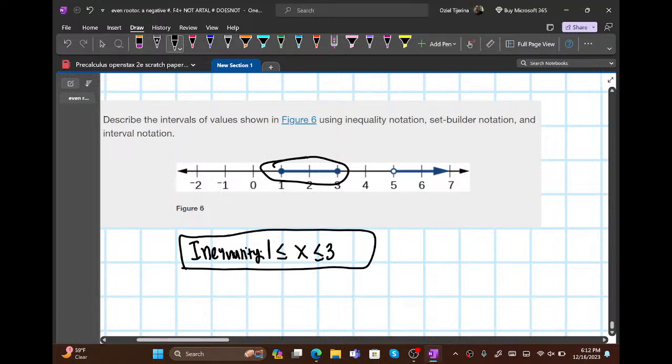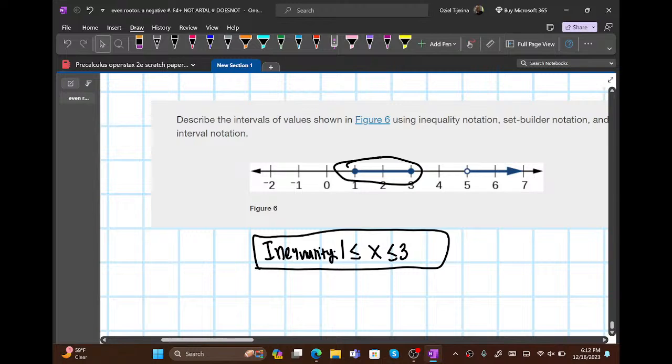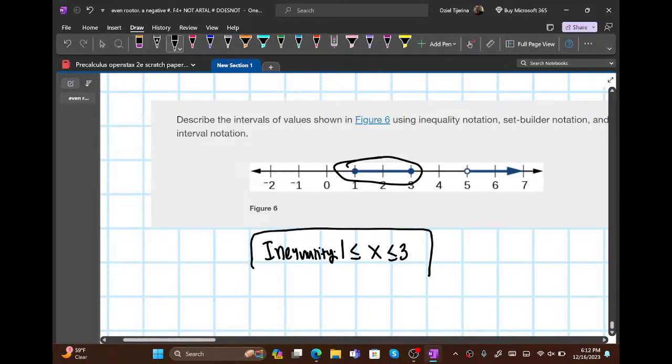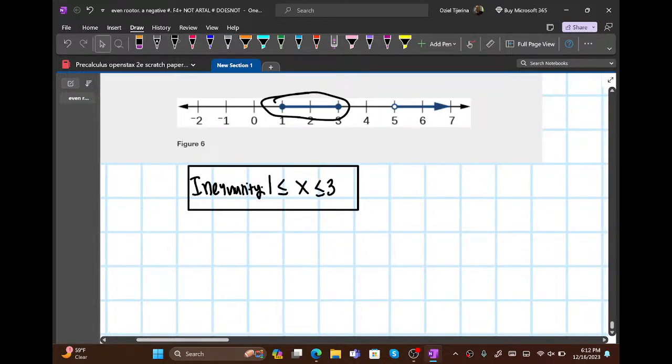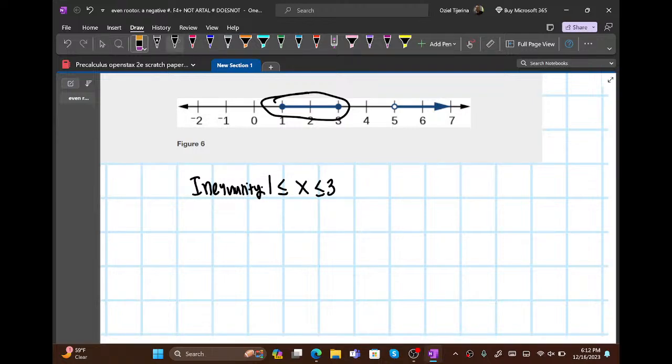And then this other part defines 5 less than x, which is less than or equal to infinity.